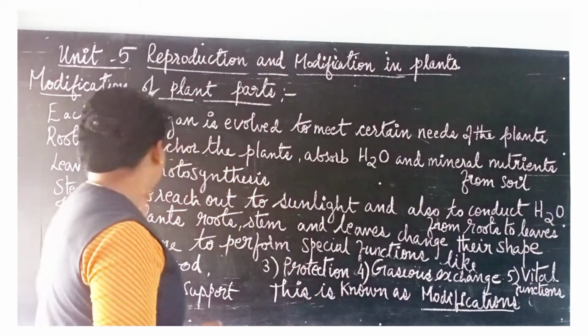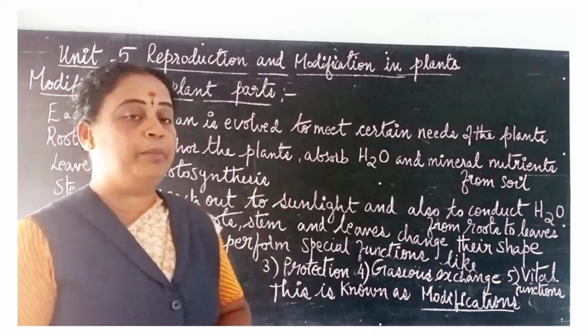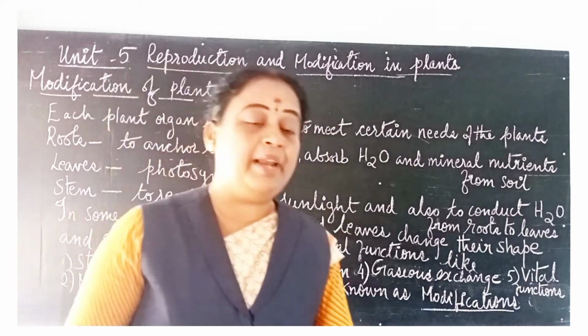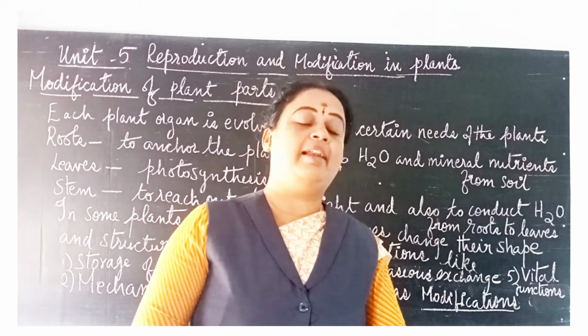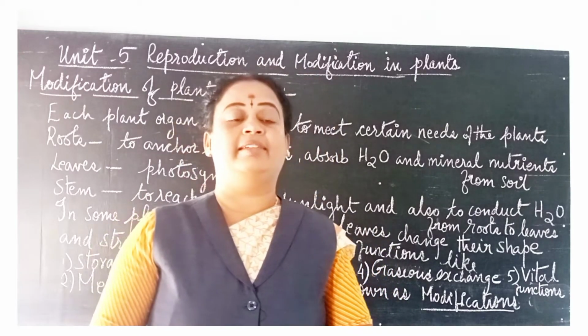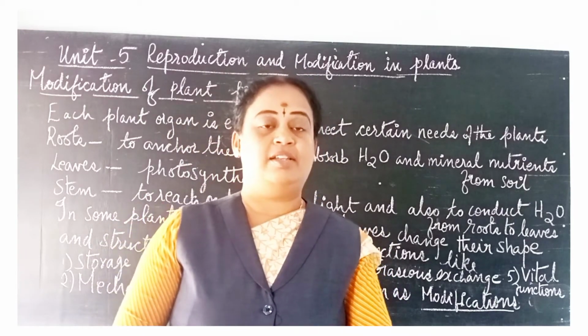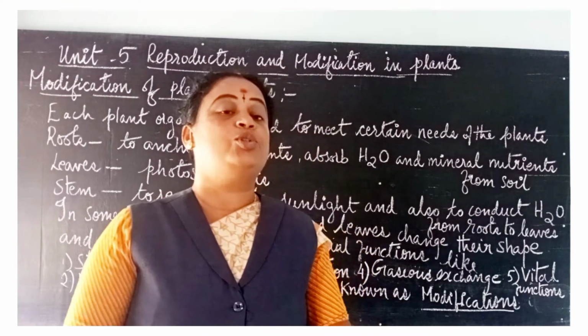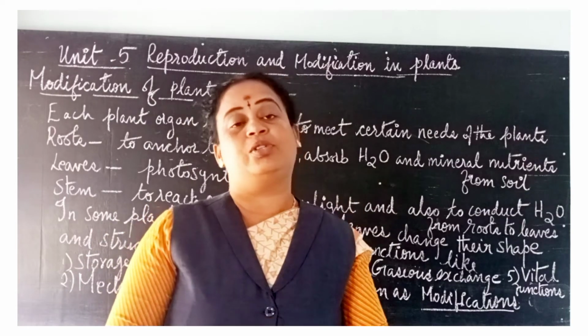Now let us see the next one, leaves. The primary, ultimate function of the leaves of the plant is photosynthesis. Without photosynthesis no plants can survive. So what is this photosynthesis?